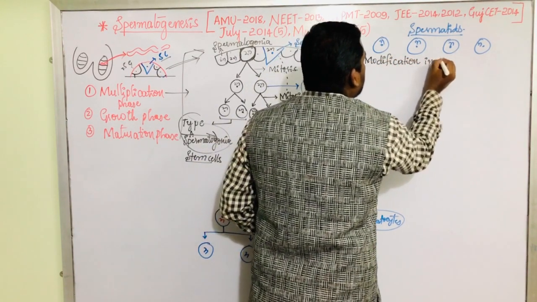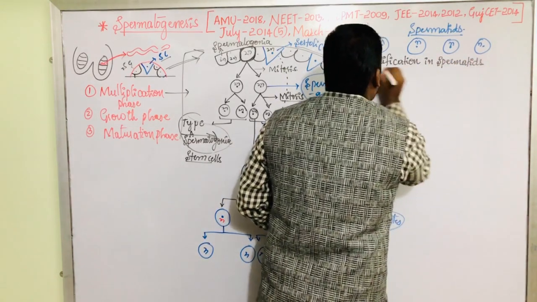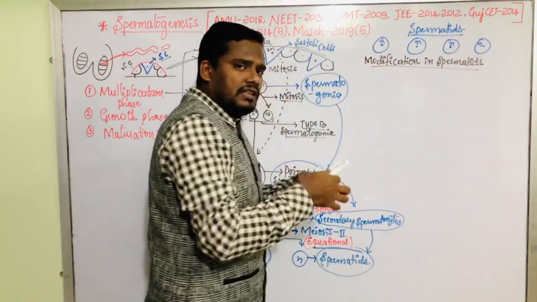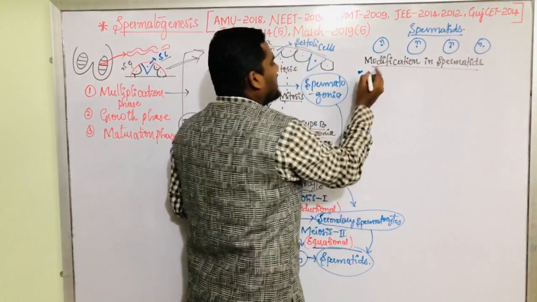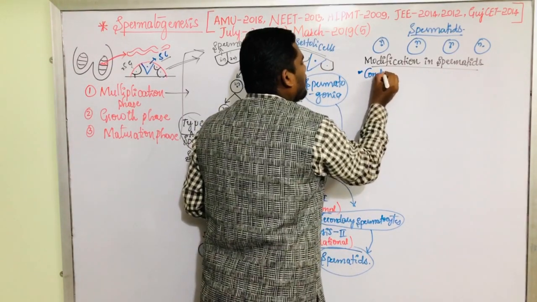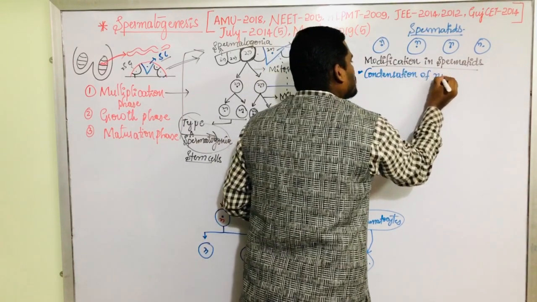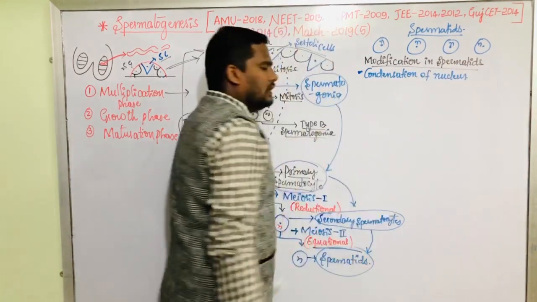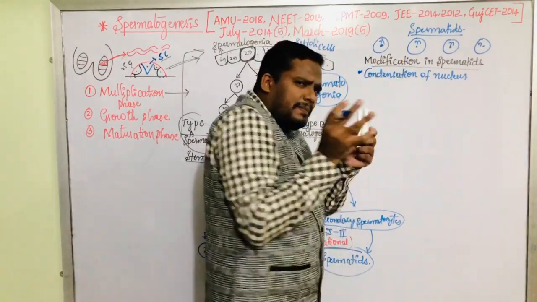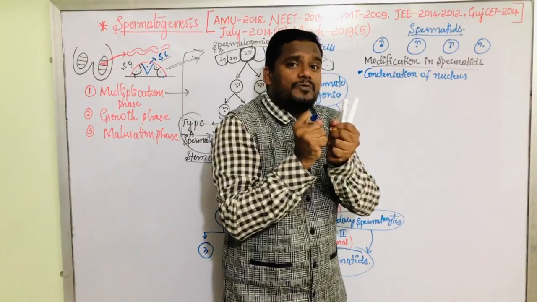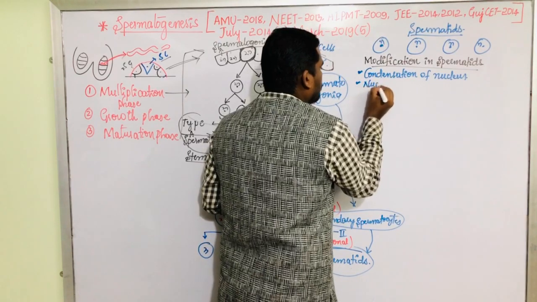Modifications in the spermatids. The first modification that takes place in the spermatid is the condensation of nucleus. Here we have the nucleus. This nucleus starts becoming condensed.